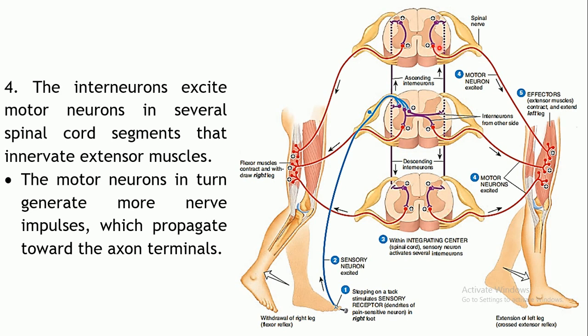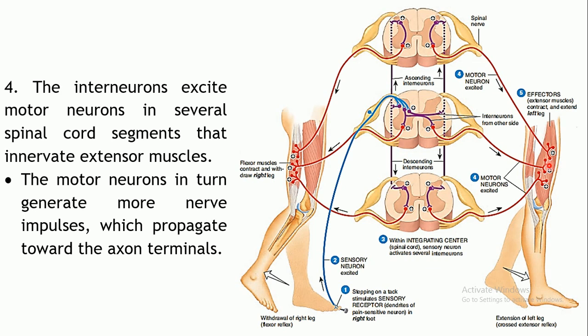So these motor neurons are actually supplying the extensor muscles of your left leg. Remember, your right leg had stepped onto that tack, right? So these interneurons which cross over to the left-hand side are stimulating the motor neurons which supply the extensor muscles of the left leg.